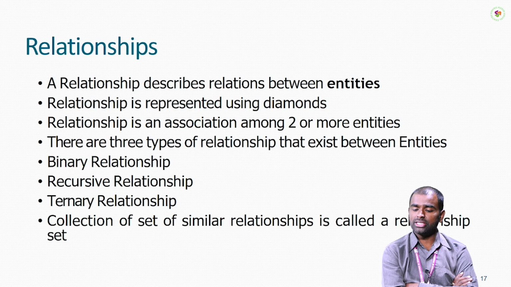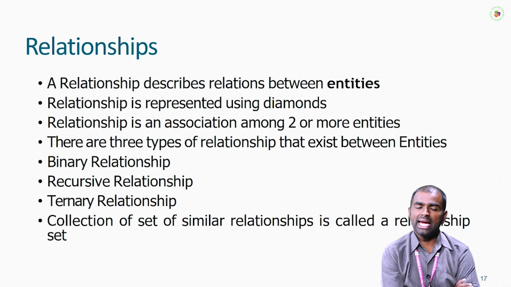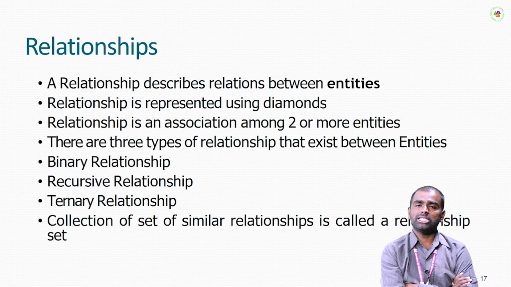There are three types of relationship that exist between entities. Binary relationship means only two entities are involved. Faculty teaches students, that is a binary relationship. Recursive relationship is a relationship which loops to itself, again and again calling the same relationship. Ternary relationship is where three entities participate in a relationship. For example, employee works for department from which address.